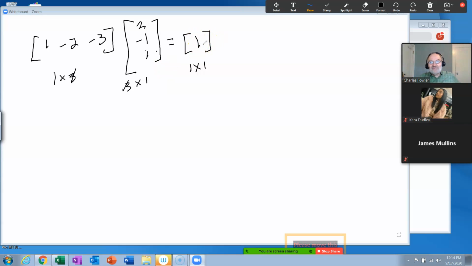That just happens also to be a 1 by 1 identity matrix, but these are obviously not inverses of each other because inverses have to be square, and these are not.